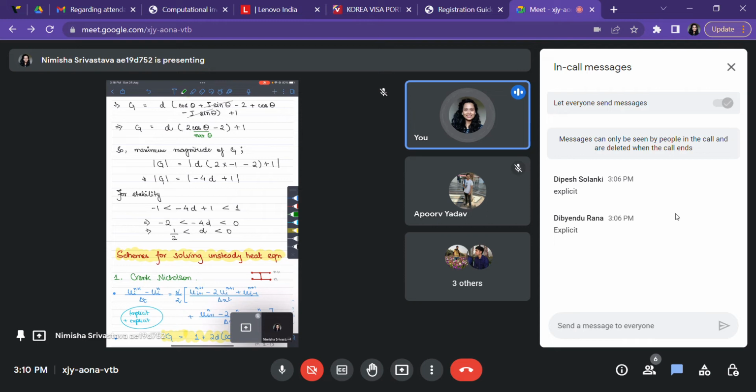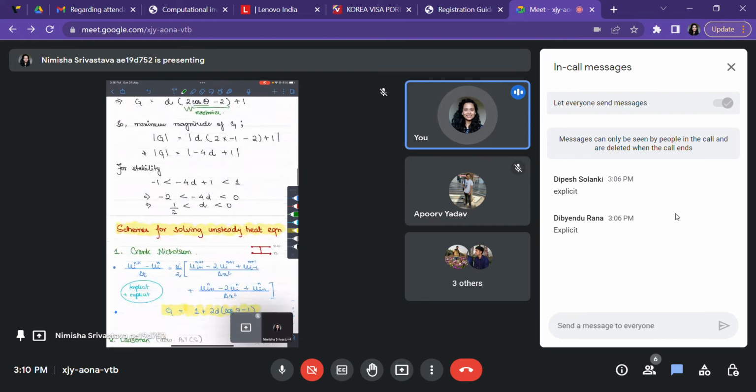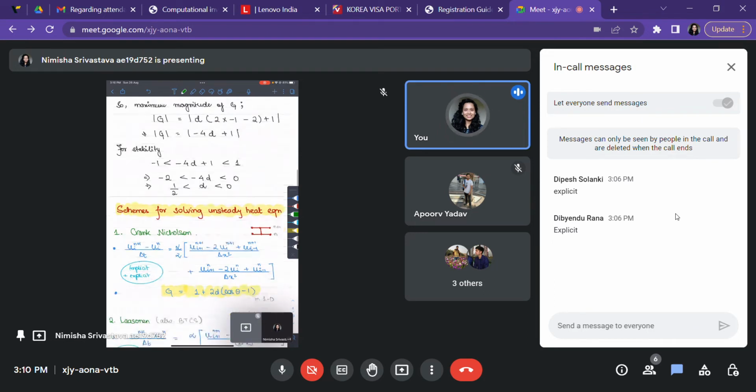I need this to be maximized in terms of the magnitude. So I know when cos theta is equal to -1, I'm going to get a -4 over here. So this is my absolute maximum value in terms of magnitude that I could get. And then I just go ahead and get an expression for what the d should be.